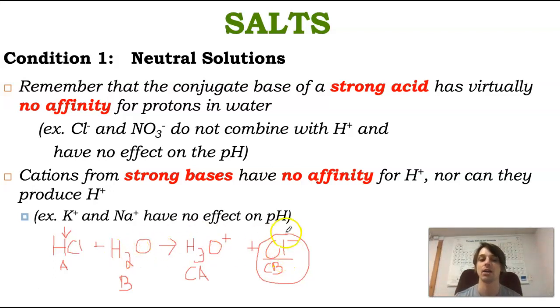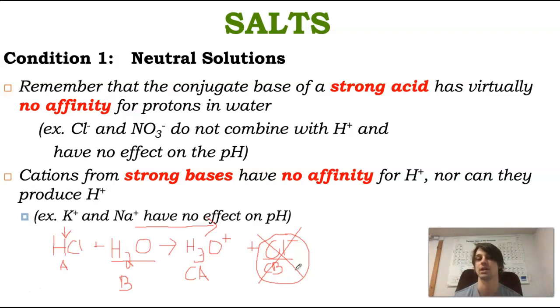In this battle for accepting hydrogen, H2O is winning because this reaction heavily favors the right side. So Cl- doesn't really matter as a conjugate base. Technically, it would be identified as a conjugate base if the question said to identify the conjugate base, but it's such a weak conjugate base that it's not very good at grabbing hydrogen from water. So if I add Cl- to a solution, it doesn't do anything.